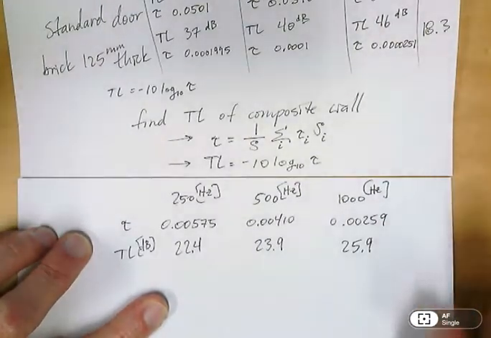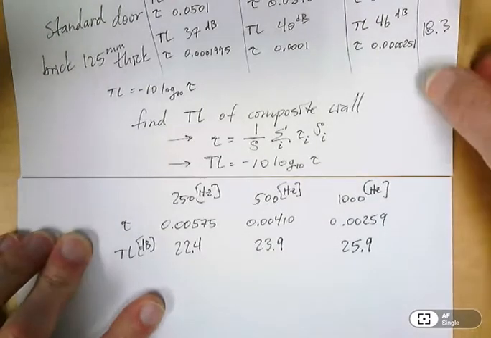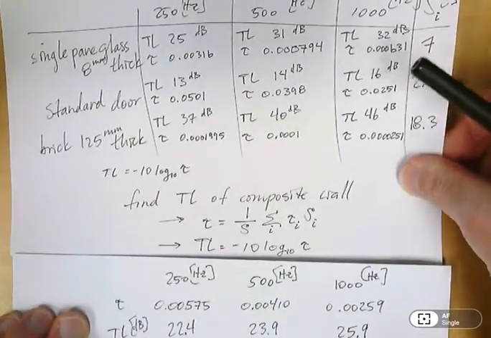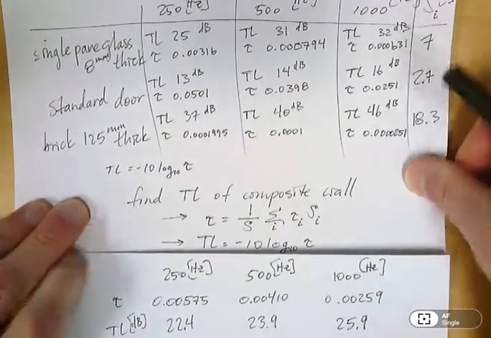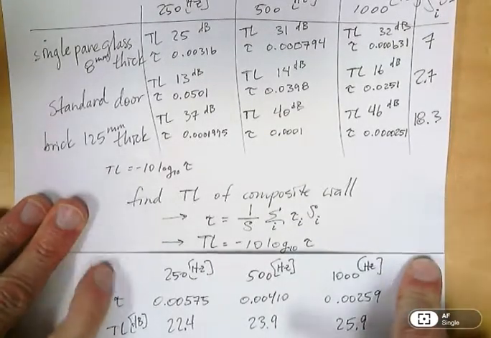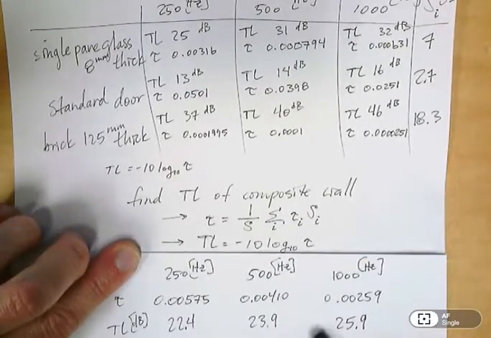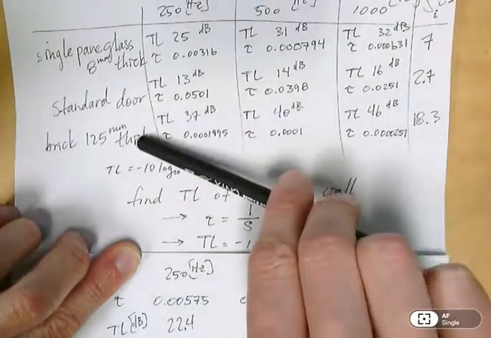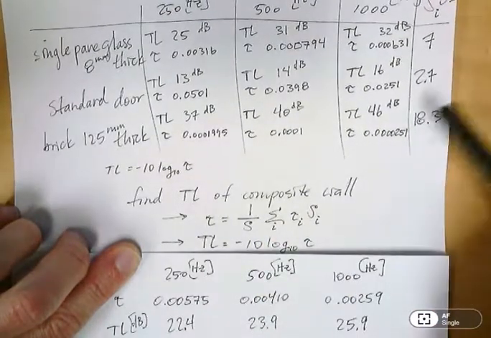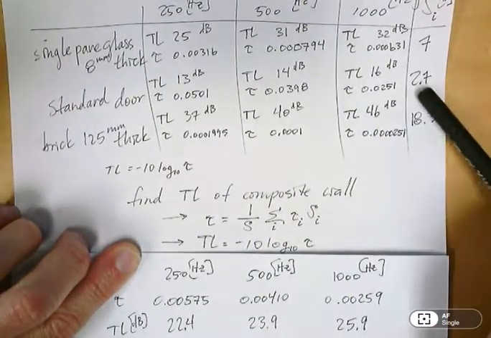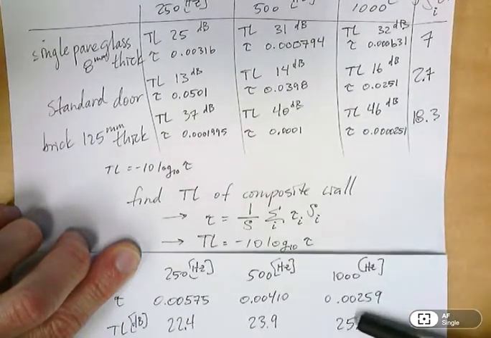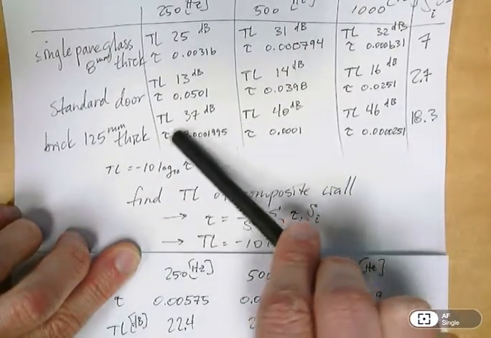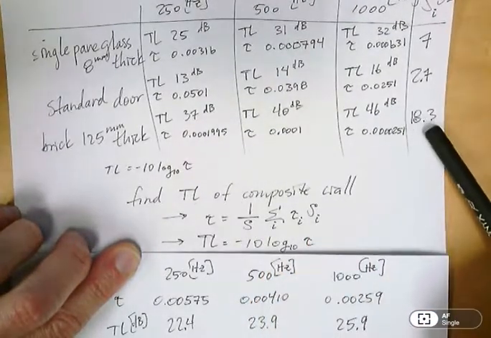So let's look at these values with respect to what's making up these contributions. So clearly, our TL transmission losses are in the range of just 20 plus decibels. When you compare that to the brick that makes up a significant proportion of the overall surface area, these values in the low to mid-20s are much less than the values associated with the brick itself, even though, again, it's predominating the overall surface area.